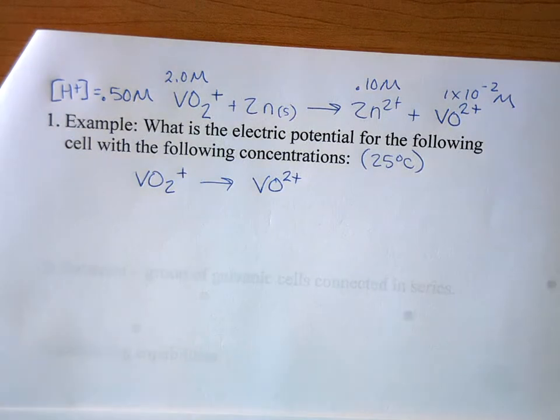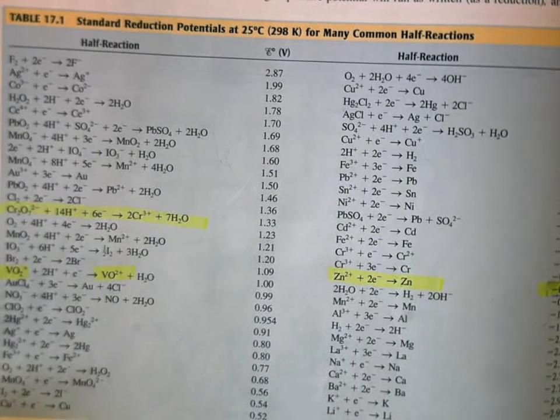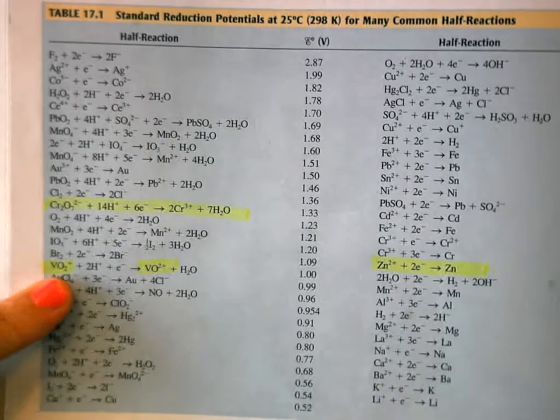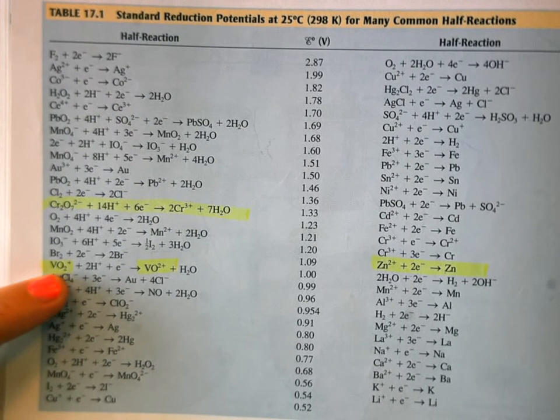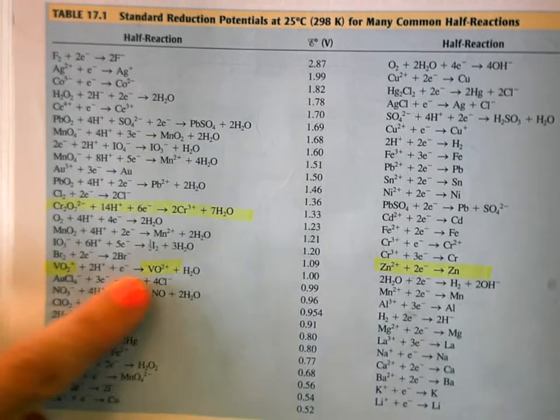Now, a shortcut for you: you could balance it on your own with waters and hydrogens and electrons. But if you find it on your reduction potential chart, it shows the balanced format for you, so you can just copy it down exactly like this.